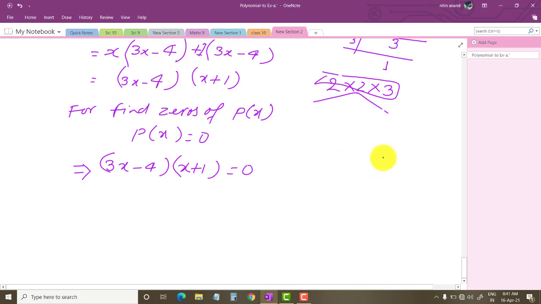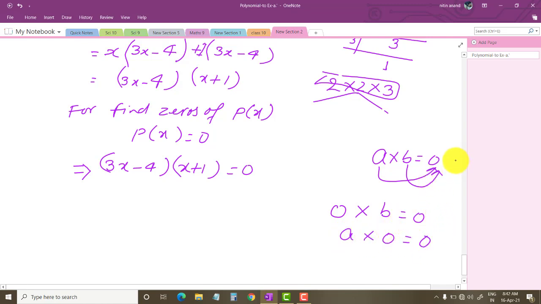See here, suppose that the product of a and b is 0, then either the first number will be 0 or the second number will be 0. Because if we multiply 0 into b, it is also 0, and if we take a into 0, it is also 0.